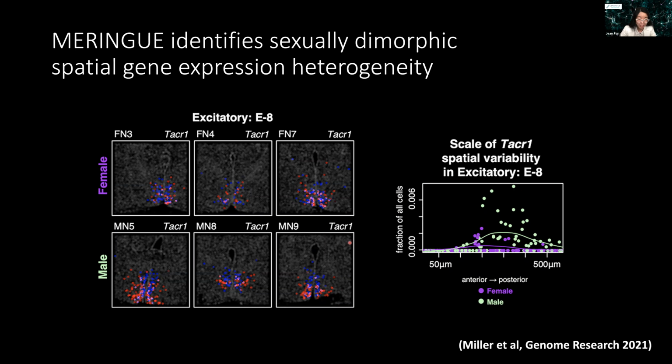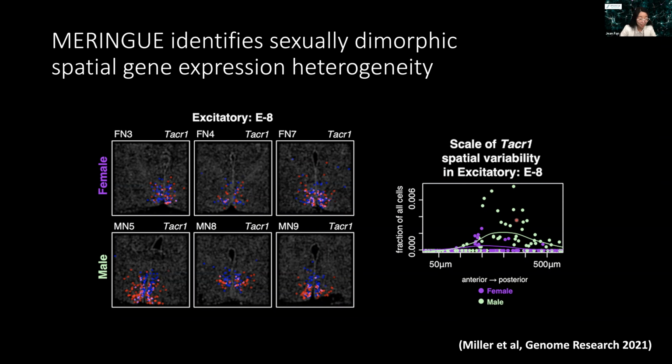We can appreciate this visually, but we can also quantify it using our Lisa statistic and show that, even across different tissue sections, there is a consistently higher scale for the particular spatial pattern for TACR1 in E8 cells in a manner that's consistent across many animals.